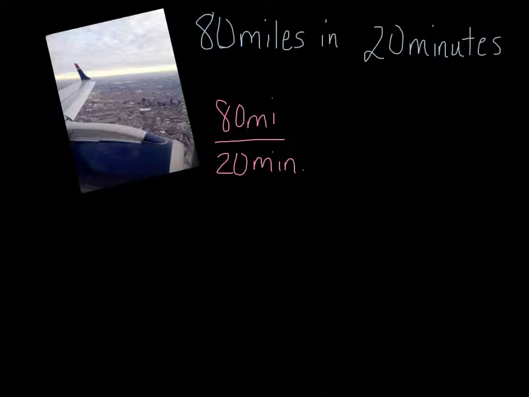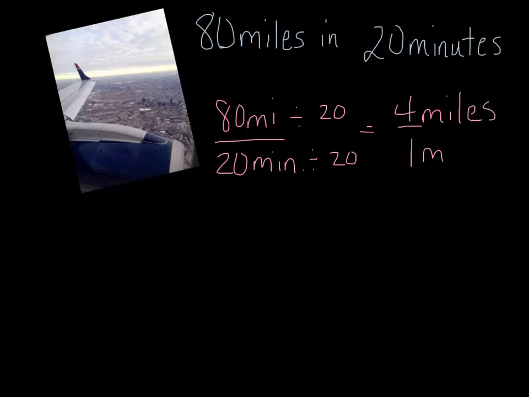Now, 80 and 20 have a common factor of 20, so we can actually go ahead and divide both the numerator and the denominator by 20. And 80 divided by 20 is 4, and 20 divided by 20 is 1. So this plane actually travels 4 miles for every minute that it was going to Pittsburgh.